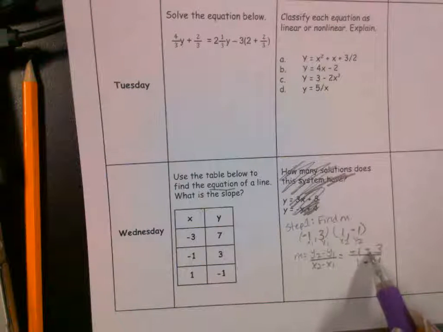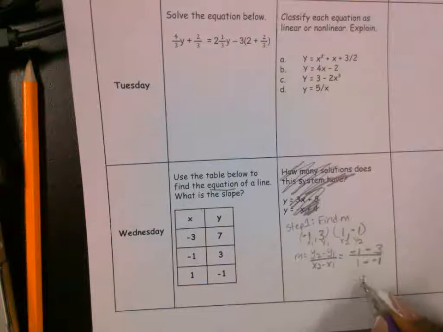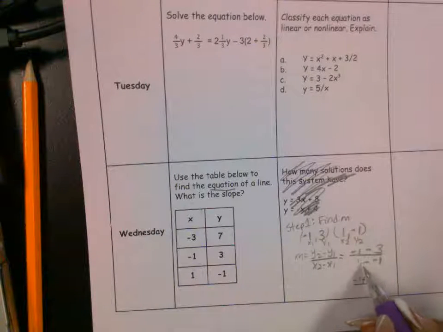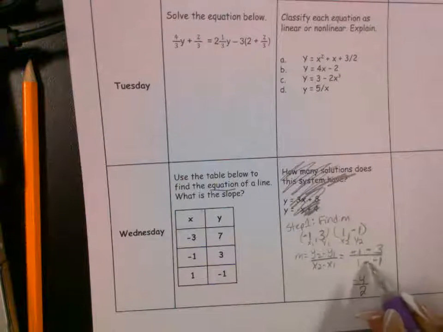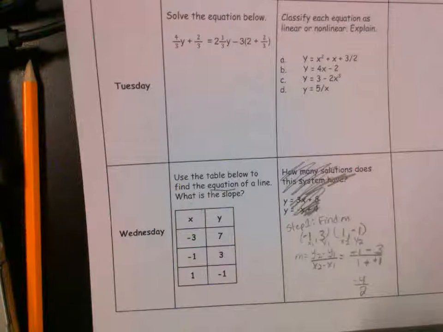What's -1 minus 3? -4 on the top. And what does this give you on the bottom? 2. Because minus a negative is the same as saying plus a positive. So that's 2.